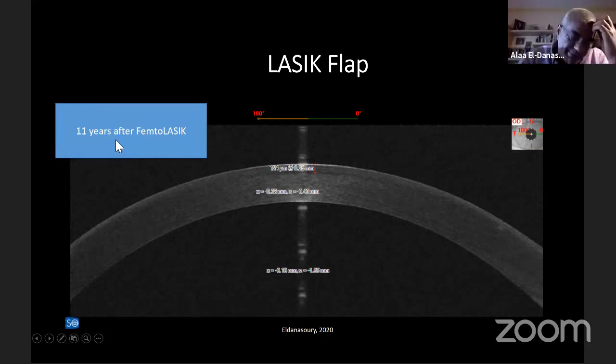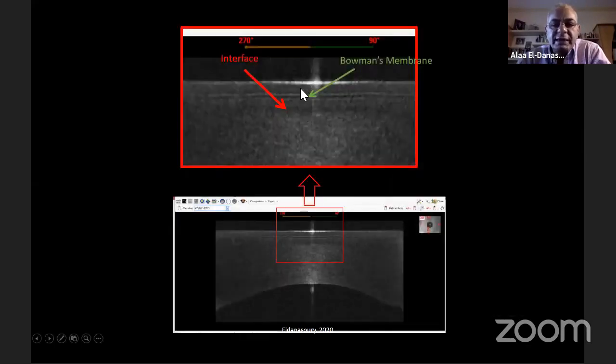I've seen patients 20 and 25 years after LASIK, and we could very clearly measure the thickness of their flap with the MS39. Here you can see very clearly the epithelium, Bowman's there, and the interface, and you can measure the residual stromal bed and decide whether you want to do enhancement or not.